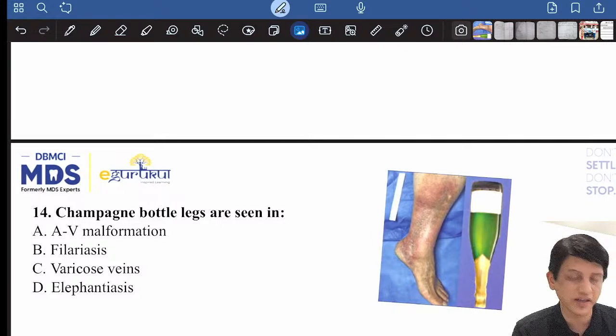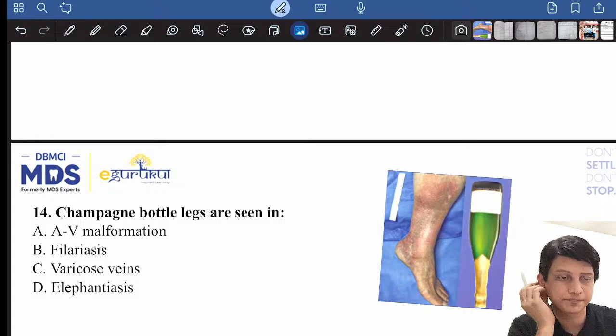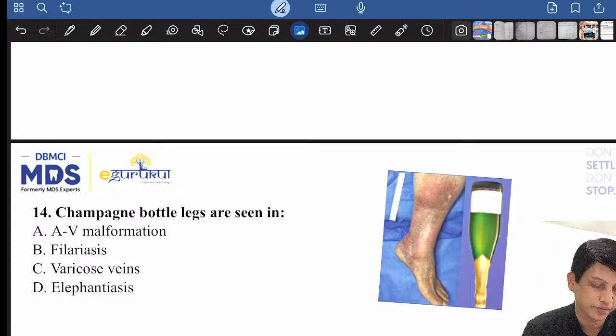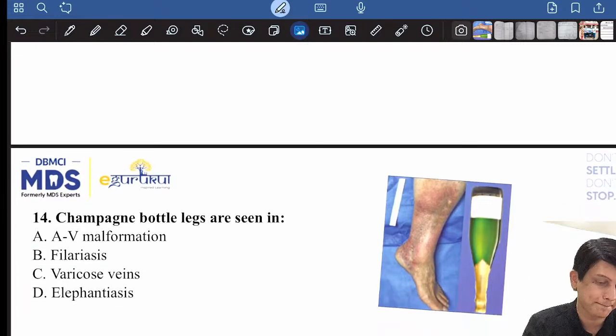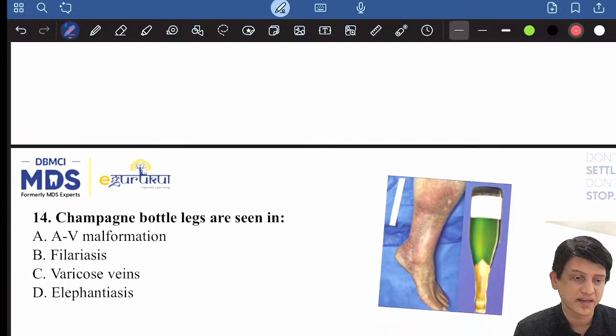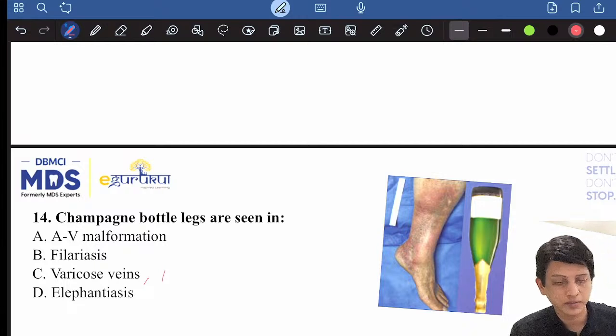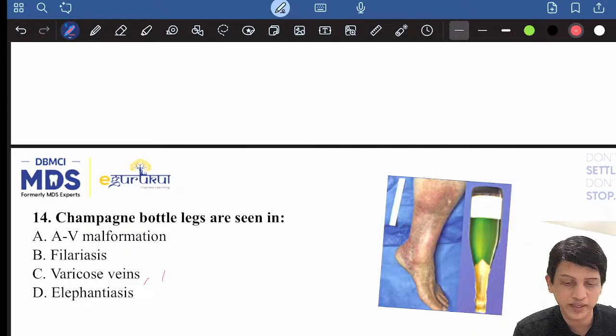Answer is C. Very good. Can you please tell me another condition where you can get this? Classically, in which other condition? Yes, very good. Aparajita is correct: because of lipodermatosclerosis, you get this kind of appearance.